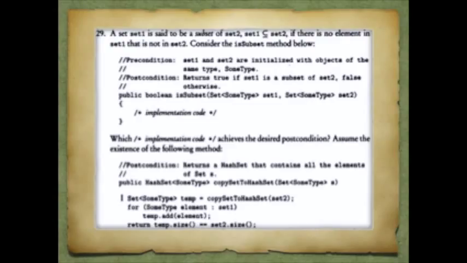So we consider the isSubset method below. There are the following conditions. The precondition is that set 1 and set 2 are initialized with objects of the same type called some type. And the postcondition: it returns true if set 1 is a subset of set 2 and false otherwise. Now we want to implement the code of this isSubset method with two input parameters, set1 of some type and set2 of some type, and it returns a boolean to check whether set1 is a subset of set2 or not.